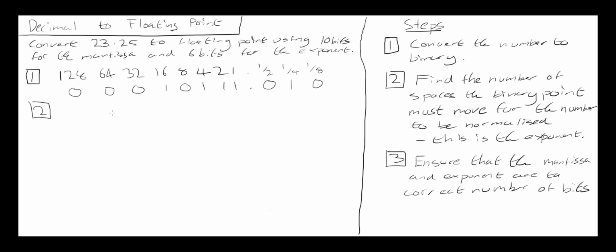So in this case, if I write out my original bit pattern again, I'm going to count how many spaces I move the binary point along until I get it to here. And that's 5 spaces.